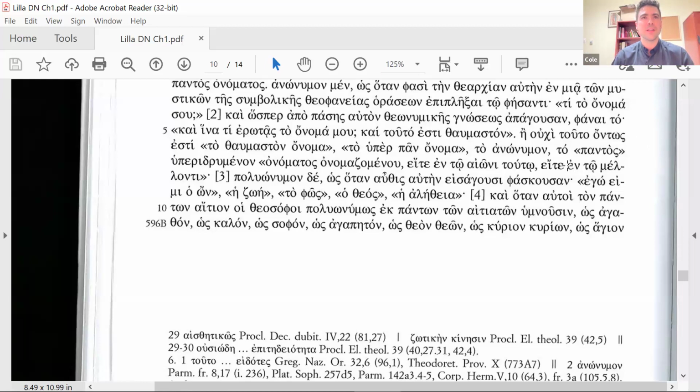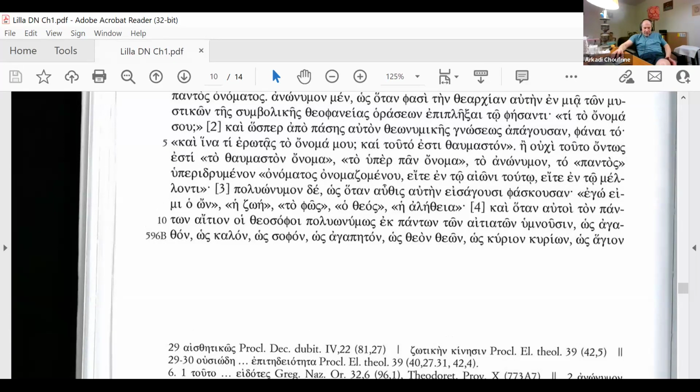That above all names, the nameless, the super foundational of all. Hidrimenon, like being hidrimenon, what would be good English?